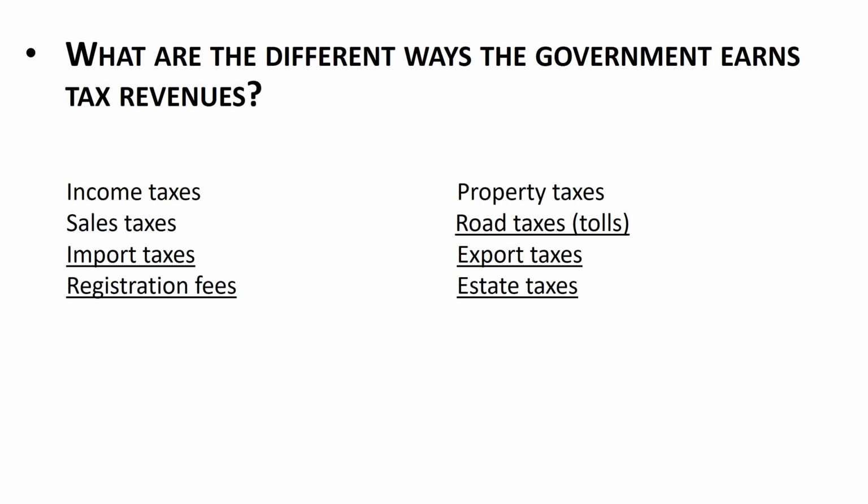Registration fees when you have to register your car, estate taxes even when you die, and when your assets are going to somebody else, and there are tax implications. Payroll taxes, your employer is supposed to deduct taxes to Social Security as well as to pay the government ahead of time, and then later you file your taxes and do the reconciliation. Excise taxes on some special goods.